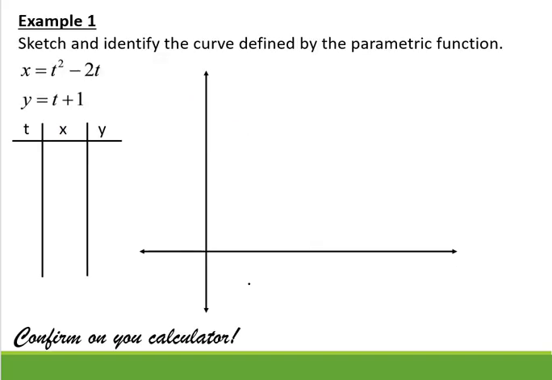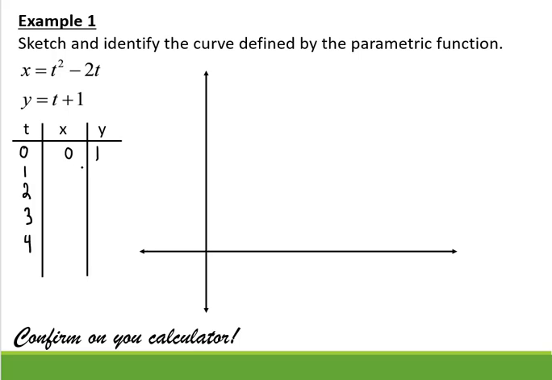Sketch and identify the curve defined by the parametric functions. Getting some points, I always start with t equals 0. A lot of times I believe they're going to say t is greater than 0. When I plug in 0, I get a 1 for y. So I plot that point.